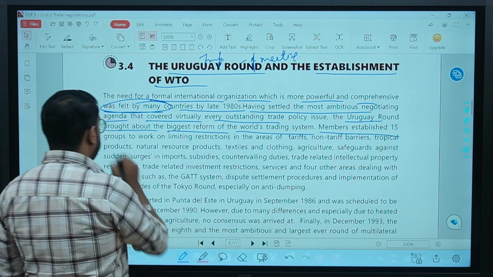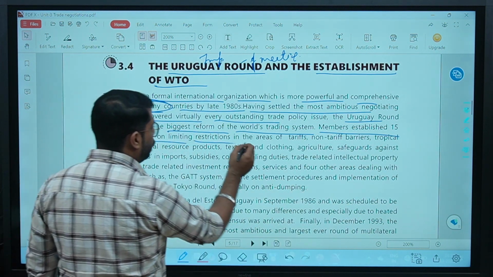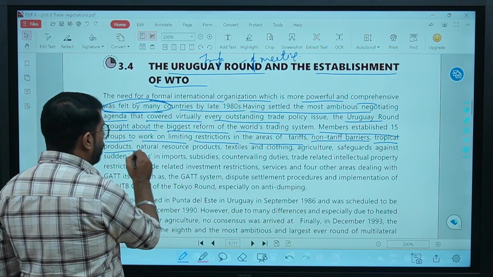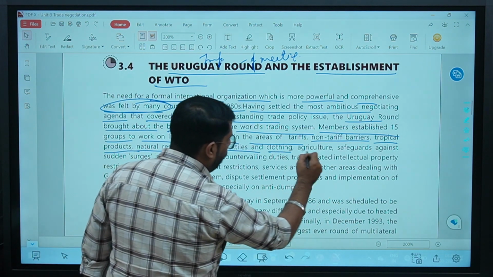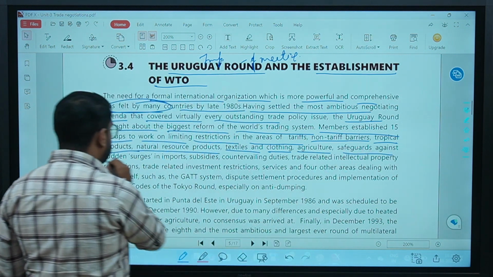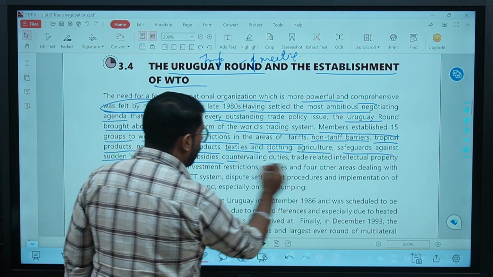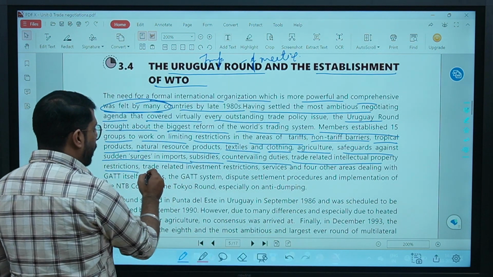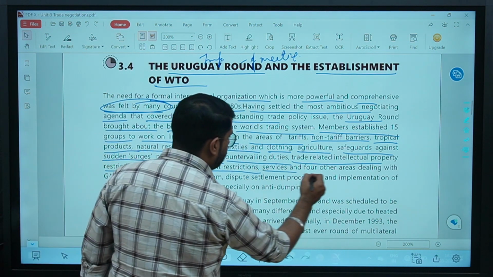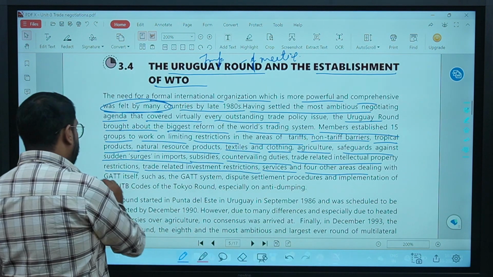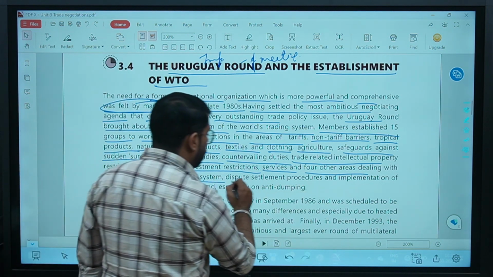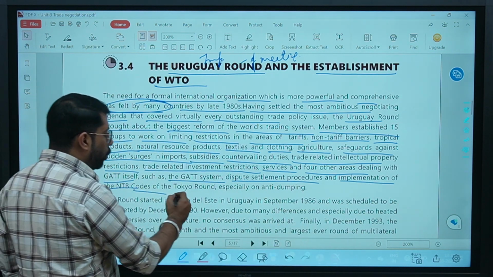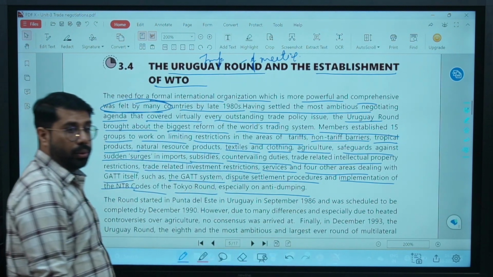Members established 15 groups to work on limiting restrictions in the areas of tariffs, non-tariff barriers, tropical products, natural resources products, textiles and clothing, agriculture, safeguards against sudden surges in imports, subsidies, countervailing duties, trade-related intellectual property right restrictions, trade-related investment restrictions, services, and 4 other areas dealing with GATT itself, such as the GATT system, dispute settlement procedure, and implementation of the NTB, non-tariff barrier codes of the Tokyo round, especially on anti-dumping.